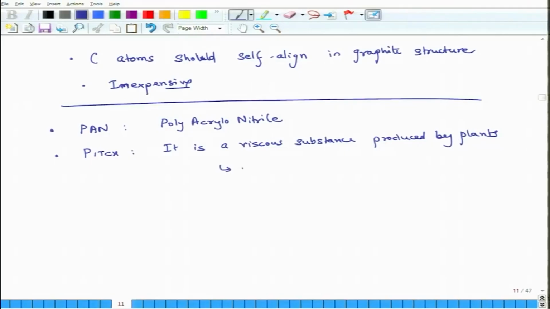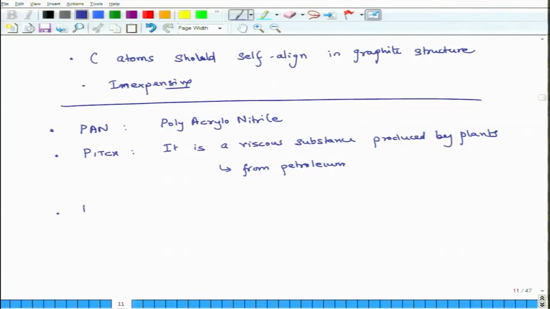So, you can also get it from petroleum. So, these, PAN and pitch, are the raw materials used as precursors.